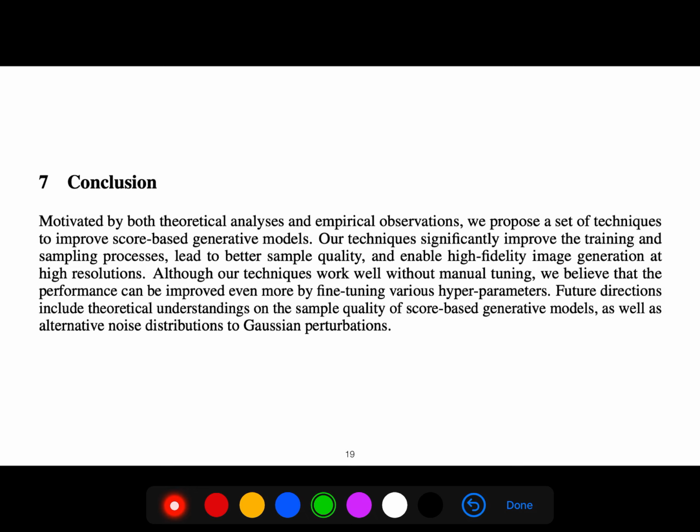Although our techniques work well without manual tuning, we believe that the performance can be improved further. There is much research in diffusion, score matching, flow matching, Schrödinger bridge, stochastic interpolant, and lots of these ideas. Recently, for example, any-order autoregressive masked diffusion, or many new ideas like planned diffusion.